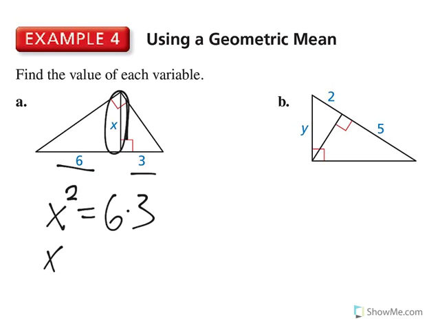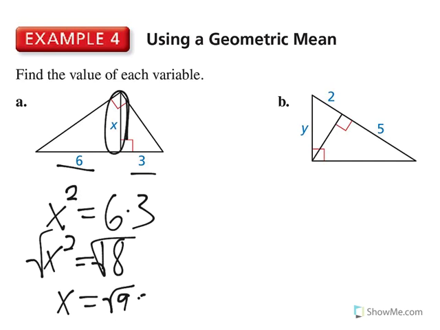So x squared equals 6 times 3, which gives me 18. I take the square root of both sides. 18 is not a perfect square, so I have to break it up: the square root of 9 times the square root of 2. The square root of 9 gives me 3, so I get 3 square roots of 2.